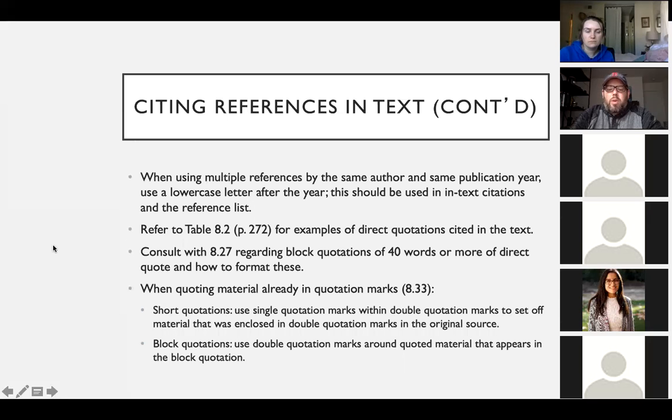When you're using multiple references by the same author and the same publication year, you would include a lowercase letter after the year. So let's say there were 2 articles from Kessler that both got published in 2003. You might identify in your reference list which one is 2003a, and then the second one would be 2003b.